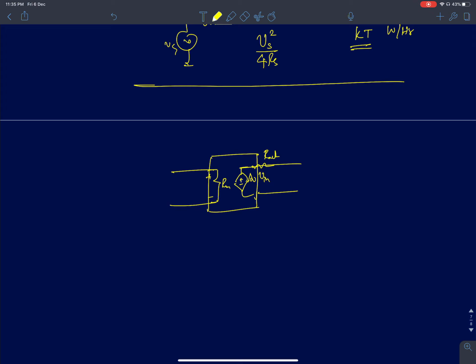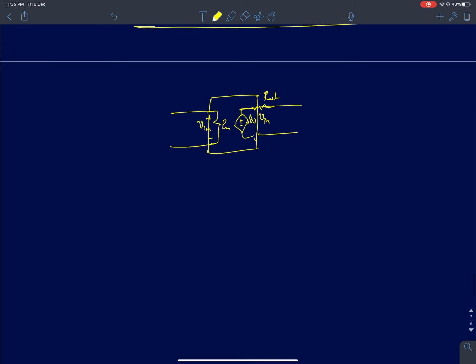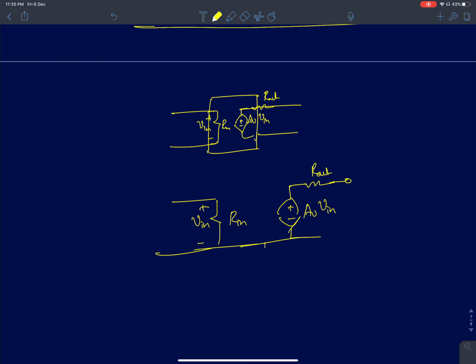Vin is the voltage across the input resistance Rin. So the two-port model is going to be something like this: Av into Vin, where Vin is the voltage across Rin, and Rout. This is the two-port model for this amplifier. Now we will be connecting a source to the input of the amplifier with a source resistance Rs and a load to the output of the amplifier.